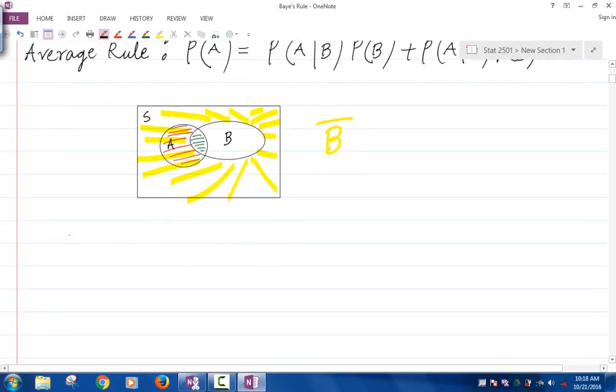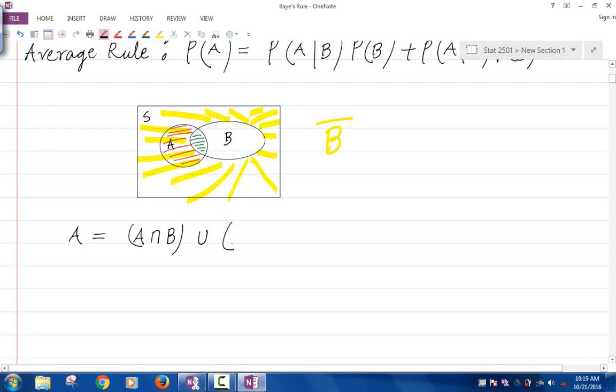So notice first of all that I can write A as A intersect B. What is A intersect B? A intersect B is the green region, right?